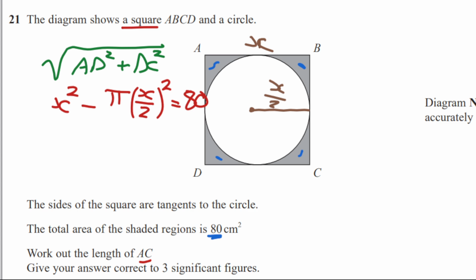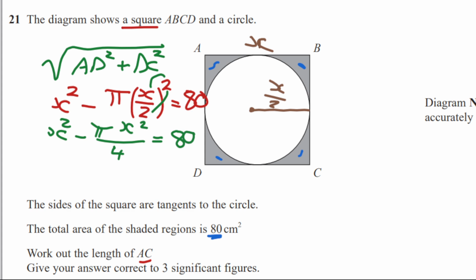How do we solve this? Let's first simplify this. It doesn't look nice. What I will do, I write the x squared and then minus pi. Now, indices, we square the 2 here and there. So it's going to be x squared divided by 4, because 2 squared is 4, equals 80.